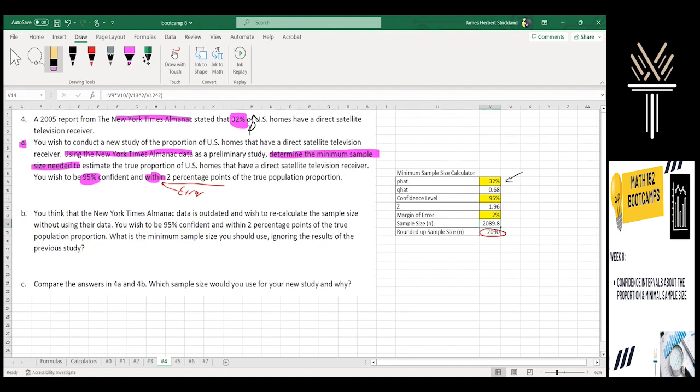It might be 2% points too high or 2% points too low, but it will be within that threshold somewhere. That's the real power of all this stuff, is that we actually now know exactly how many people we need to go and talk to. We should go and talk to 2,090.